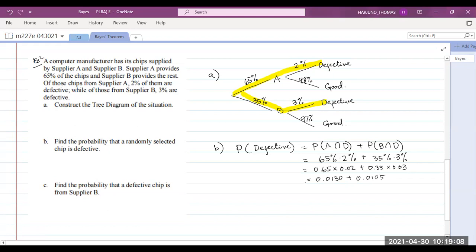So the probability that a randomly selected computer chip is defective is 0.0235. So if you actually pull those chips from A and B together, then that mixture will have 2.35% of them defective.